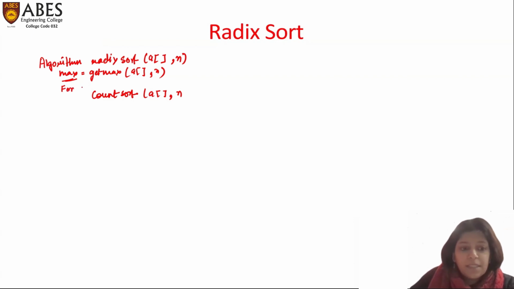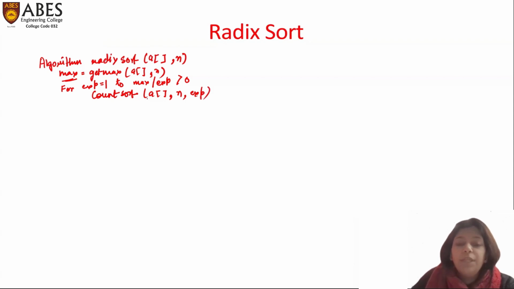So for this, let me just take a variable exponent which is equals to 1, and we have to keep on calling the count sort such that maximum divided by exponent is greater than 0, right? Till that time, we have to call the counting sort, and in this counting sort algorithm, we will also be needing this exponent value, right?